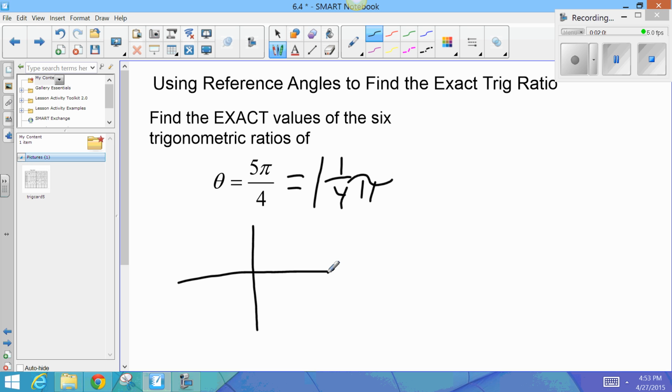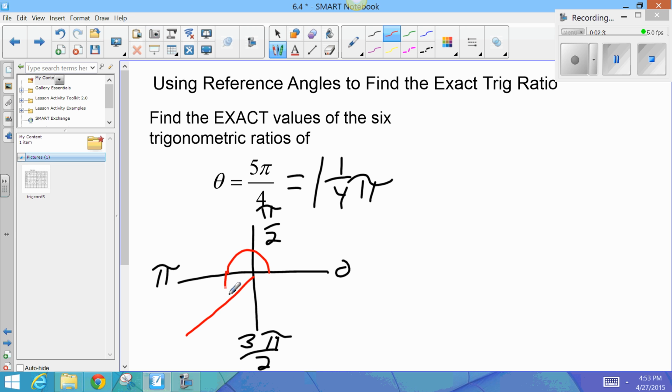That means there's 0, here's pi over 2, here's pi, here's 3 pi over 2. This angle has to be more than half a circle, but 1/4 is less than 1/2, so it's not more than 3 pi over 2.